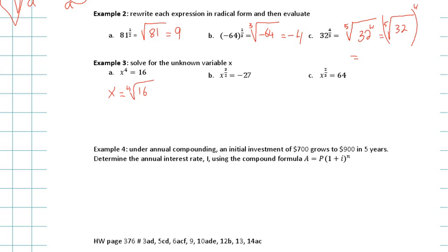I want you guys to try it because I want to make sure that you know how to use your calculator. The fourth root. So you have to do the same thing. 4, shift. So we start from here, right? Second function, 4. No, you have to put 4 first. Shift first, then down. Then 16.